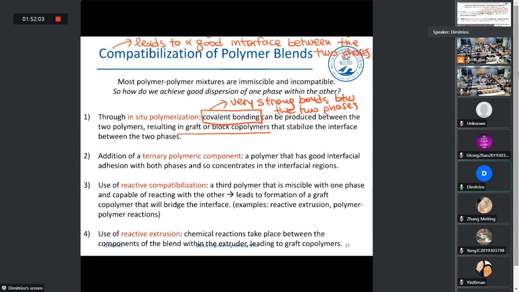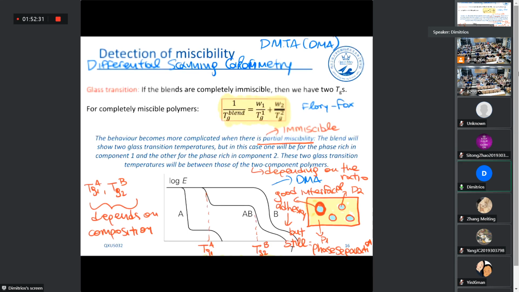Now, another method is the addition of a third polymer, a ternary polymeric component, a polymer that has good interfacial adhesion with both phases and concentrates in the interfacial region. I point out again that the key to improve compatibilization is fabricating a good interface, okay? I showed you already what a good interface is.